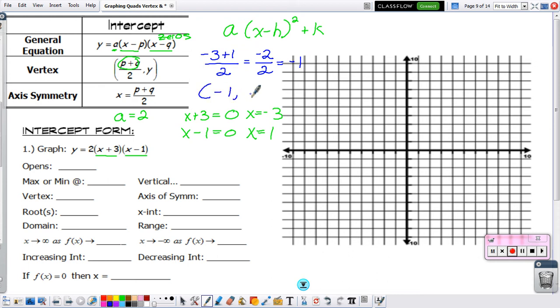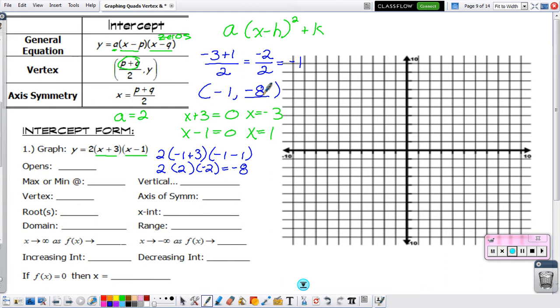I now know that the x value is negative 1. How do I get the y value? Well, I'm going to plug it into my equation. So I would have 2 times negative 1 plus 3 times negative 1 minus 1. So this would be 2 times 2 times negative 2, which is negative 8. So my vertex here is negative 1, negative 8.